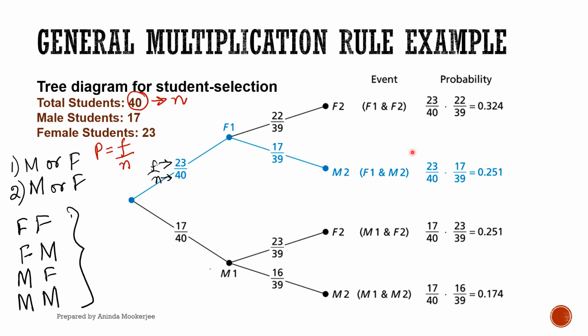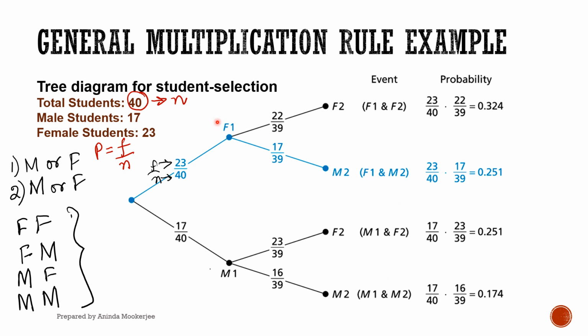All right, so in order to calculate these joint probabilities, you have to use the multiplication rules. F1 and M2, M1 and F2, M1 and M2.